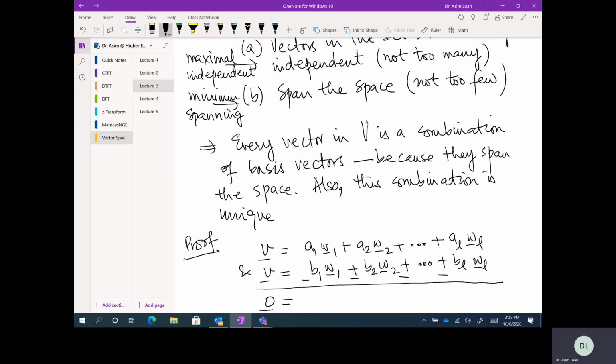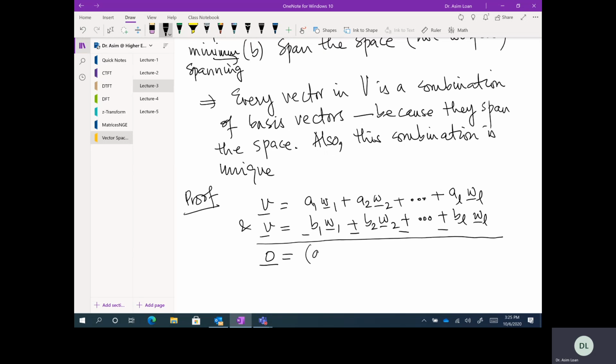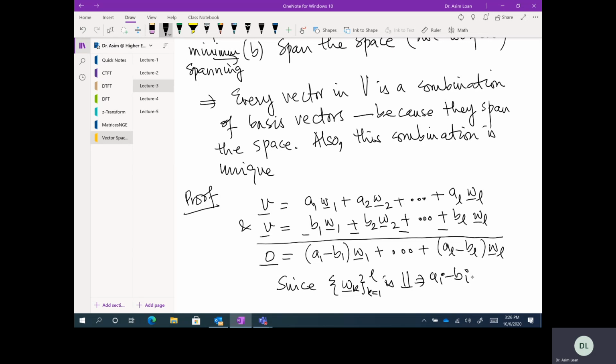I have 0 equals (A1 minus B1) times W1 plus ... (AL minus BL) times WL. But since this set of vectors WK, K equal to 1 to L, is independent, this implies Ai minus Bi is equal to 0 for all i, or Ai equals Bi for all i.